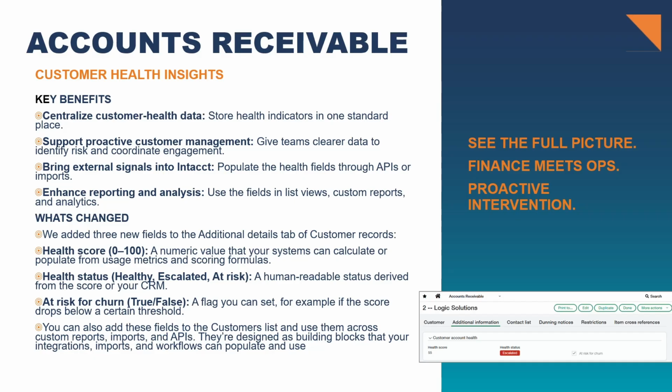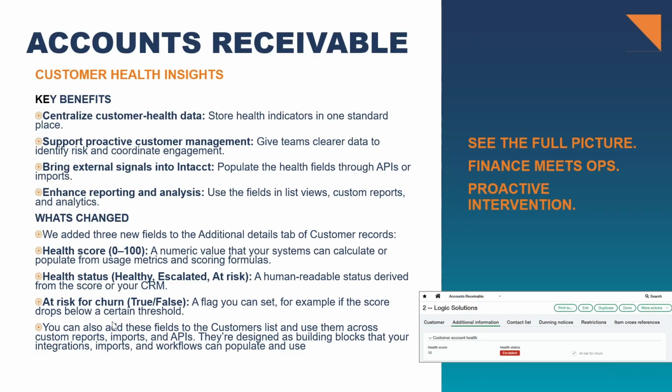The reason this matters is because finance can now see operational risk indicators alongside that financial data rather than working in isolation. We've got health status escalated, a health score, and whether it's at risk for churn. The system is now being built to handle that more operational workflow. So it's really quite useful to see that.